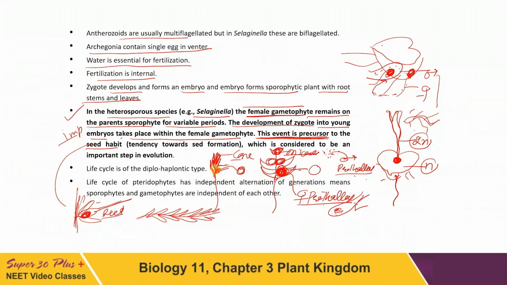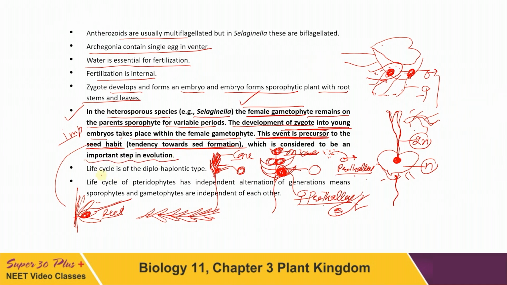But even then, fertilization happens on the parental plant, and this event is known as the precursor to the seed habit. Tendency towards seed formation, a very important statement, you have to remember it. It is considered an important step in evolution.